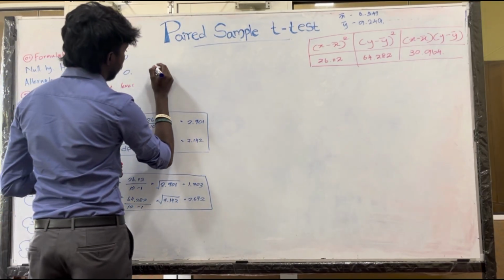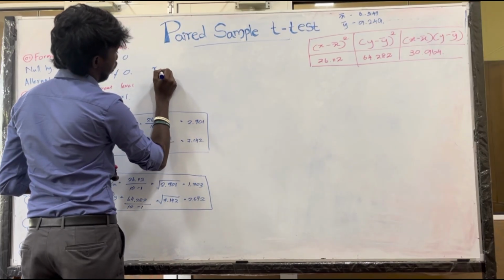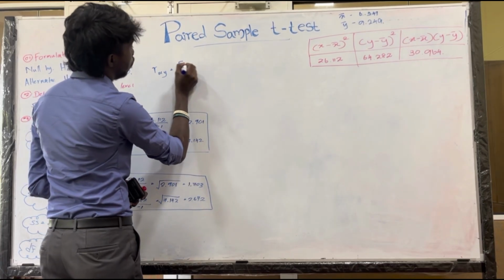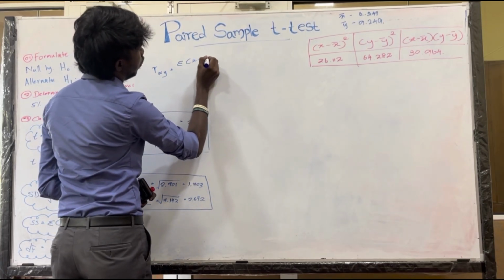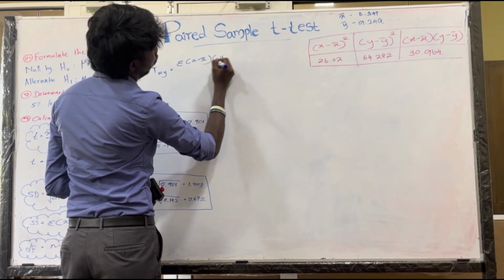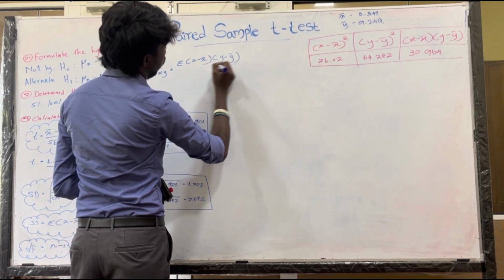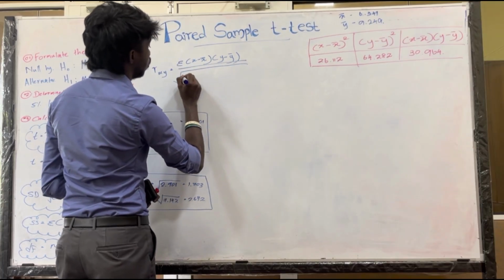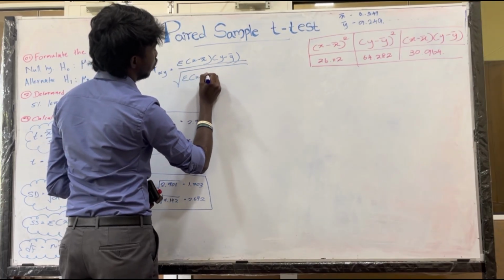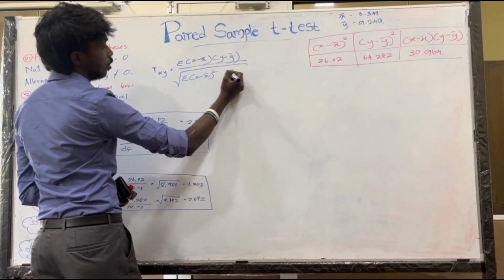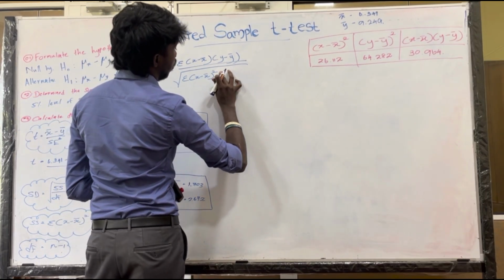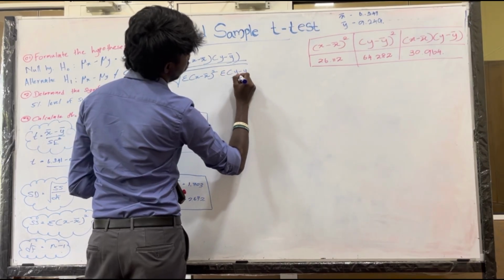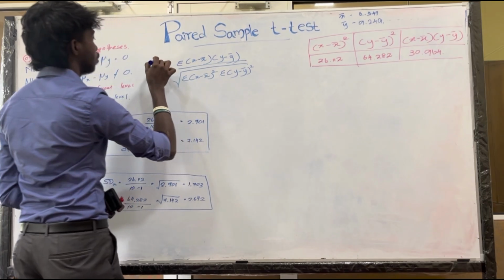Let's see. r of x and y equals the sum of x minus x bar times y minus y bar, divided by the square root of sigma x minus x bar to the power 2 multiplied by sigma y minus y bar to the power 2.